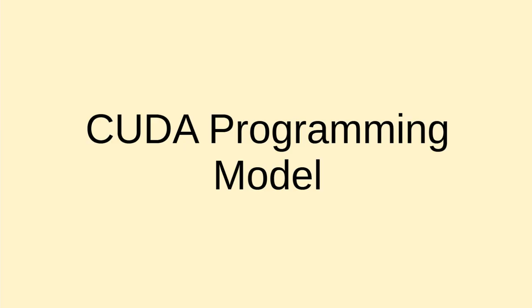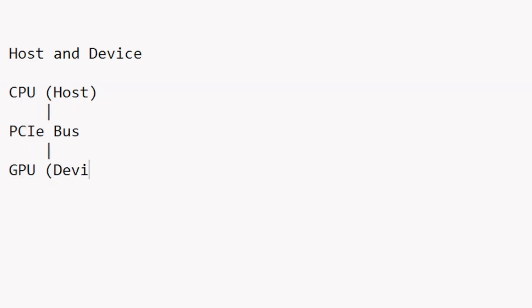Now let us move into the CUDA programming model, which is the foundation of CUDA programming. Before writing any CUDA code, we need to understand two important terms, host and device. On the screen, we have a simple diagram showing the relationship between them. The host refers to the computer's CPU and system RAM.